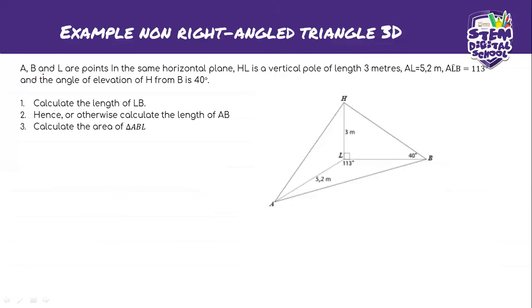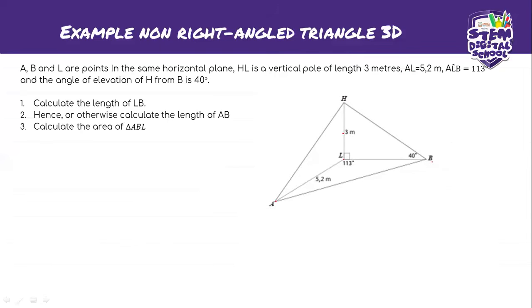A, B, and L are points in the same horizontal plane. This is our A, and then we have B and L, points in the same horizontal plane. HL is a vertical pole of length 3 meters.